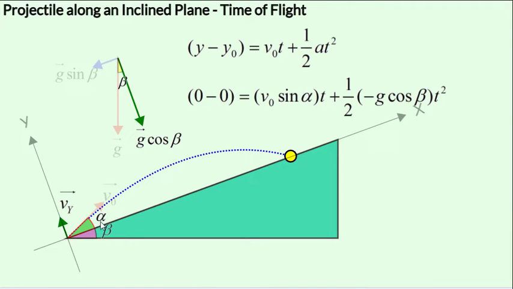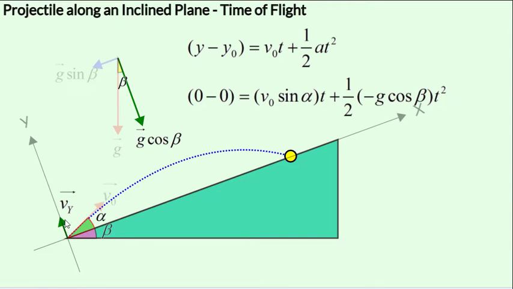Our reference line is now the x-axis, which lies on the plane of the incline. The initial displacement y0 is 0 since it lies on the reference line. The final displacement is also 0 since it again lies on the reference line. Let's just watch the animation and you can see y reduces down to 0.